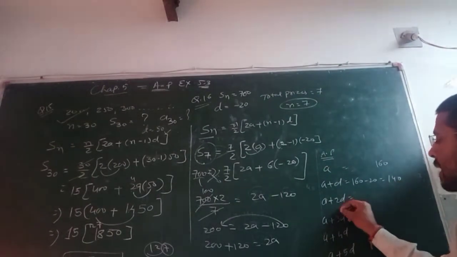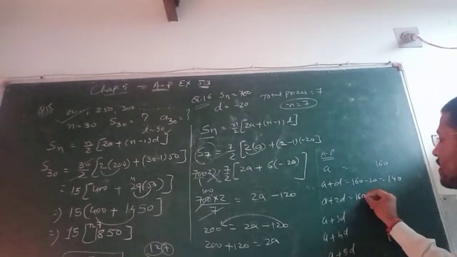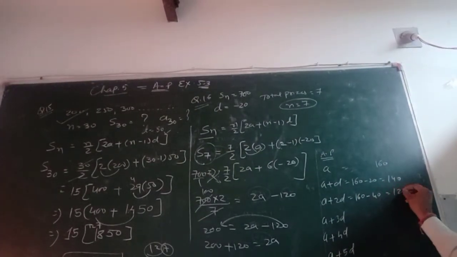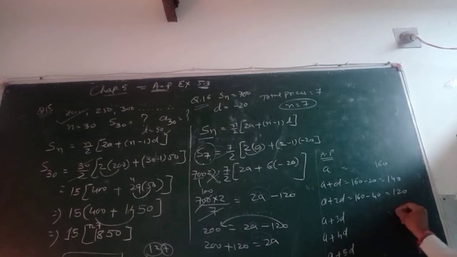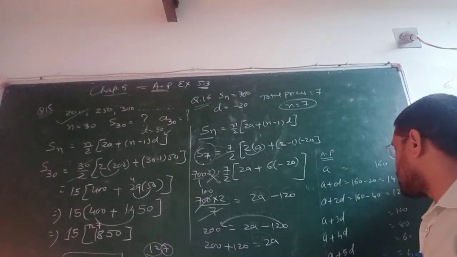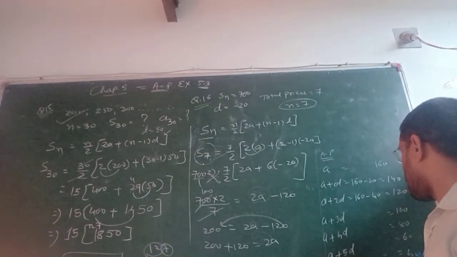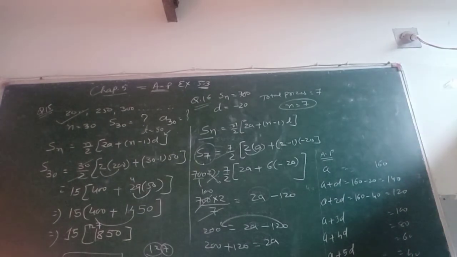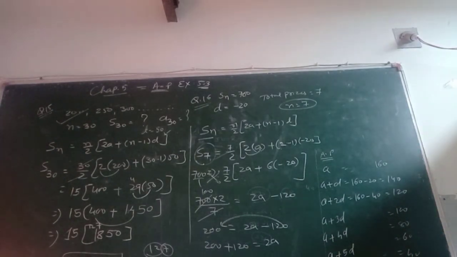Then a plus 2d, so you can see 20 into 2 minus 40, so 120. So on, it will be 100, then it will be 80, then it will be 60, and last prize will be 40. So your arithmetic progression can be seen over here like this one: 160, 140, 120 and so on up to last term that you have given, that is 40.